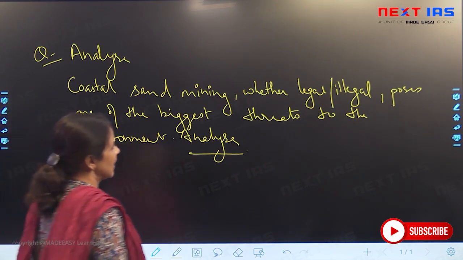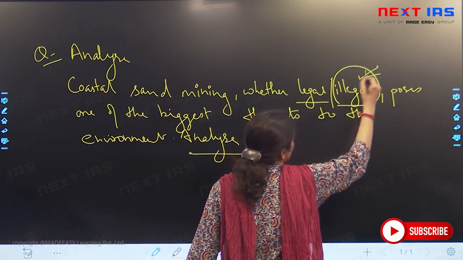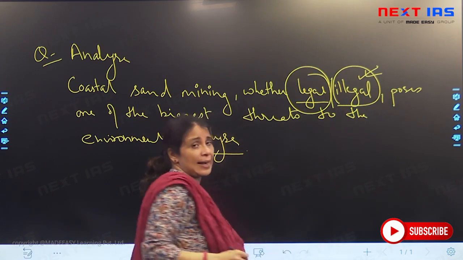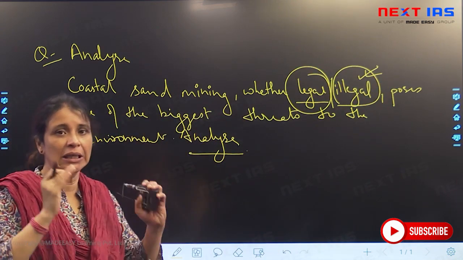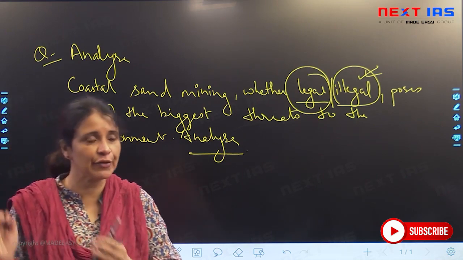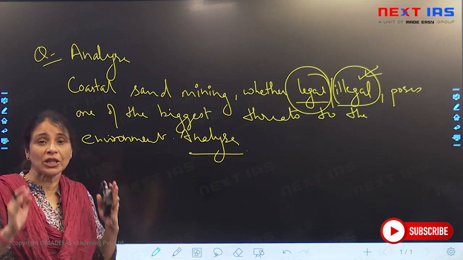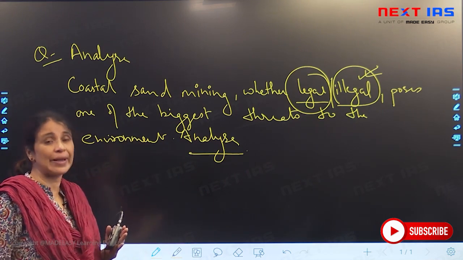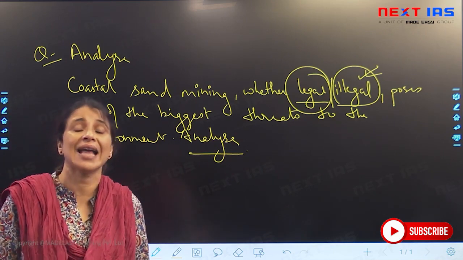It is saying that legal is also bad, because illegal we always say it is bad. Even legal is also bad. So how is it impacting? You have to break the issue into segments, different components, and then give your deeper thought into that, and based on that give your conclusion, your analysis.